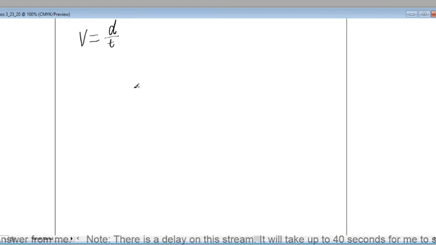Okay, and that makes sense. If you think about the speedometer on your car, it measures your speed, your velocity, in miles per hour. That is literally miles divided by hours, distance divided by time. However, we can actually rearrange this equation to say different things.